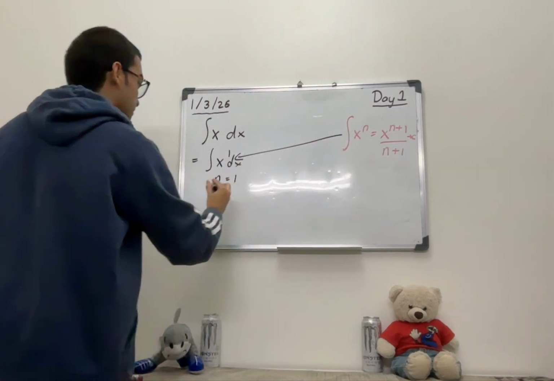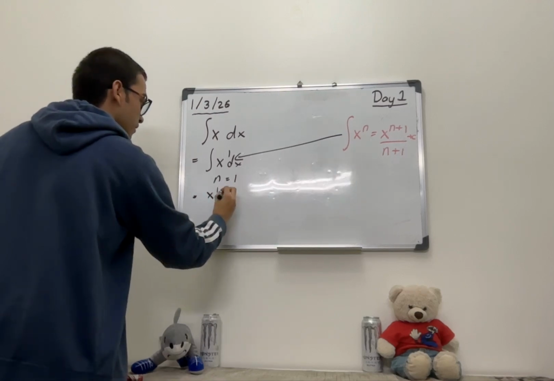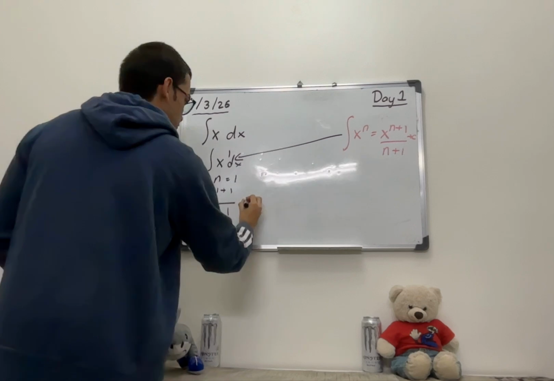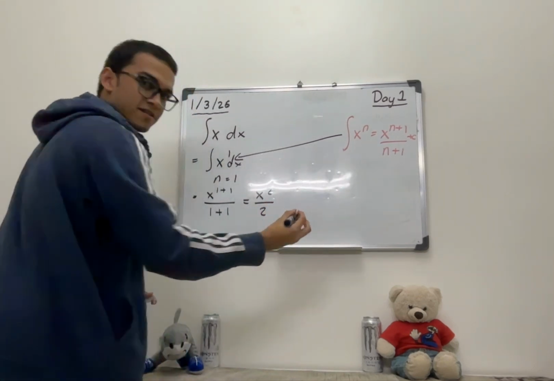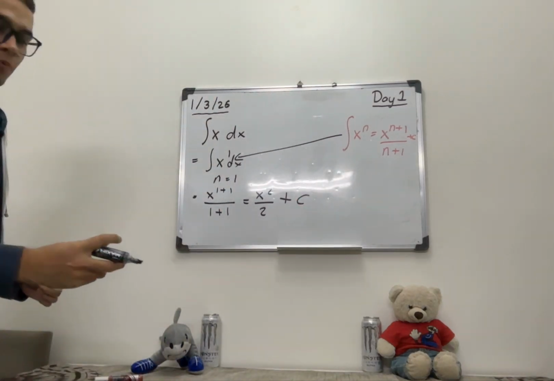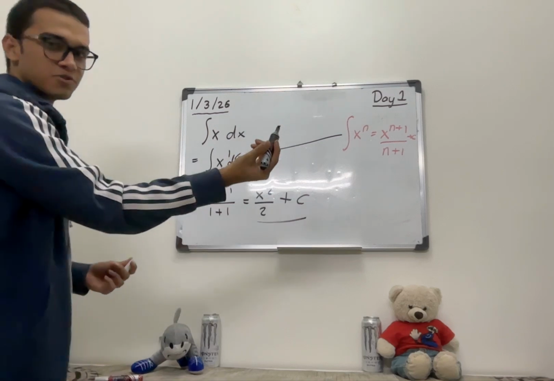So now you just have to substitute this. So this becomes x raised to the power 1 plus 1 by 1 plus 1, which if you do becomes x squared by 2 plus c.